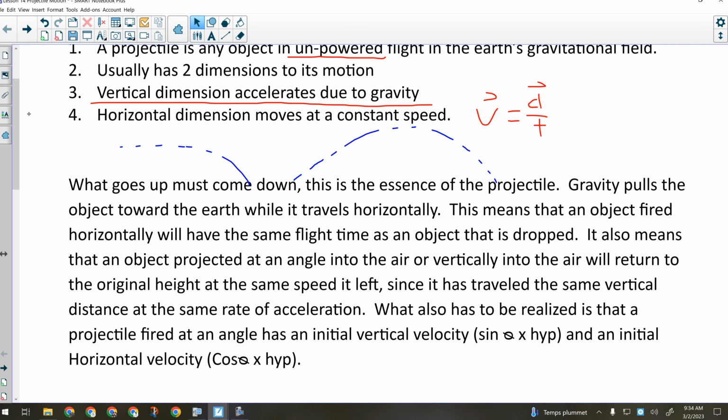Gravity. So once it leaves my hand, it's accelerating downward at 9.81 meters per second squared. That's why it's going slower and slower and slower. And when it's at its maximum height, how fast is it going? 0. And then it goes from 0 and falls exactly the same distance at exactly the same rate of acceleration back to my hand.